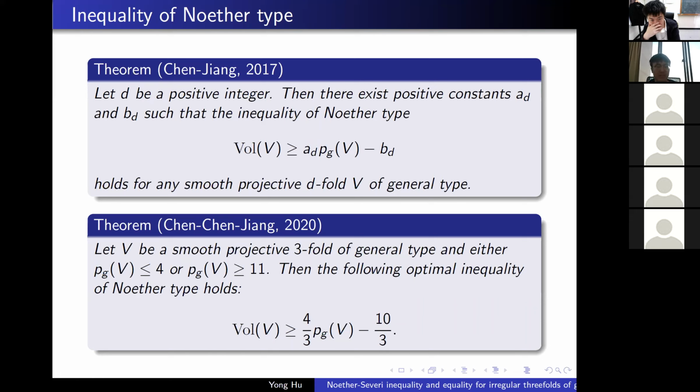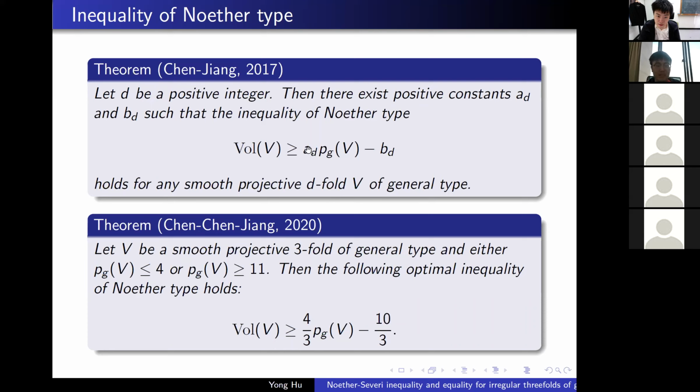It says that let d be a positive integer, then there exist positive constants a_d and b_d, such that the inequality of Noether type, the canonical volume is larger than or equal to a_d p_g(V) minus b_d, holds for any smooth projective d-fold V of general type. Here, a_d and b_d are positive constants and depend only on the dimension d.